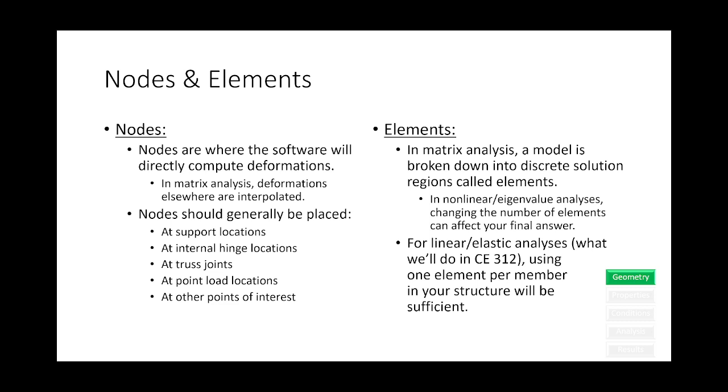Does that make sense? But if this is the function I'm trying to interpret, it doesn't matter if I use one straight line segment or 100, I'm going to get the same answer. We're doing linear problems in here, so one element per member in your structure is more than enough. If we're doing nonlinear problems, you might need more elements. But for us, that doesn't really matter.